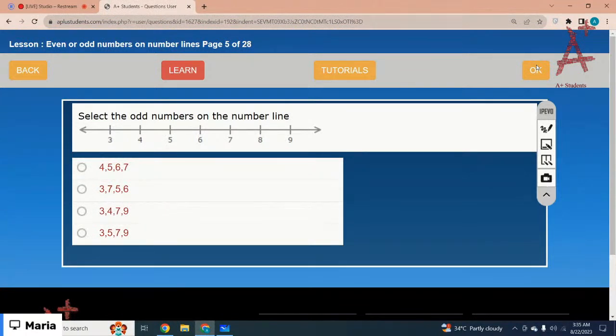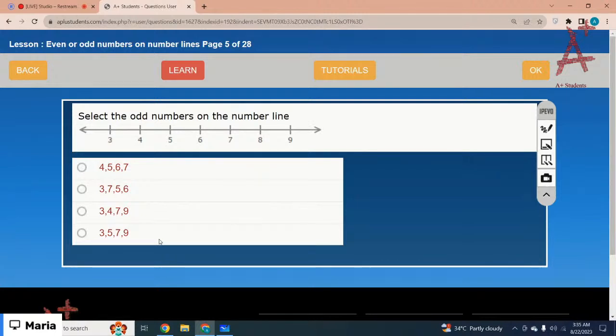Select the odd numbers on the number line, which is the correct option. Odd numbers are 3, 5, 7, and 9.